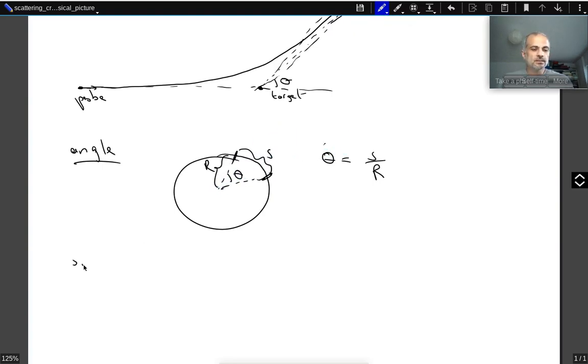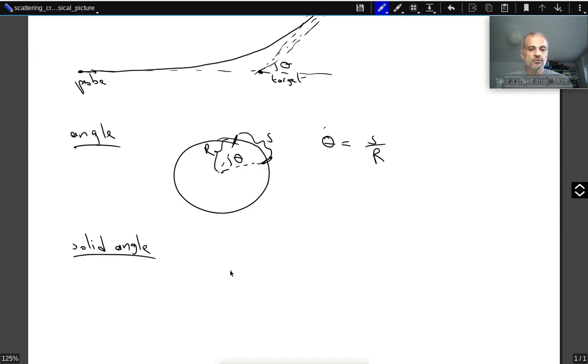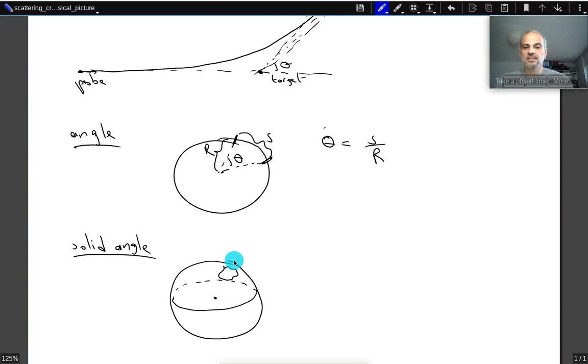The solid angle is the generalization to 3 dimensions. In 3 dimensions, we take a sphere, and to specify a direction on this sphere from the center, you specify some area. Specifying this area specifies the direction from the center.